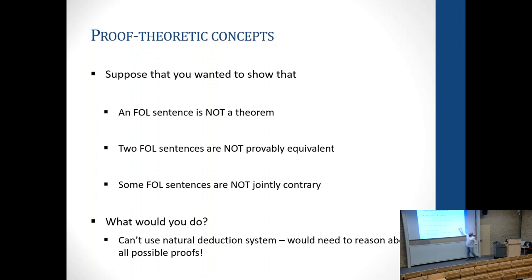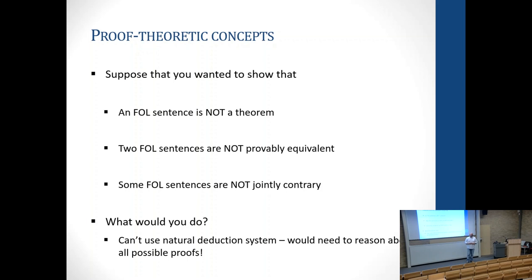Similarly, how would we show that two sentences are not provably equivalent? We give an interpretation that makes one of them true and one of them false, because we couldn't do this using our natural deduction system. Here's another one.